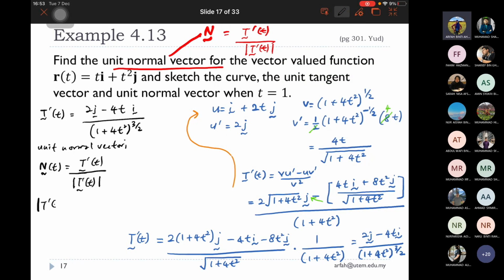So Euclidean length of T prime t akan sama dengan square root bagi 2 kuasa 2 tambah dengan negatif 4t kuasa 2, per 1 tambah 4t squared kuasa 3/2.